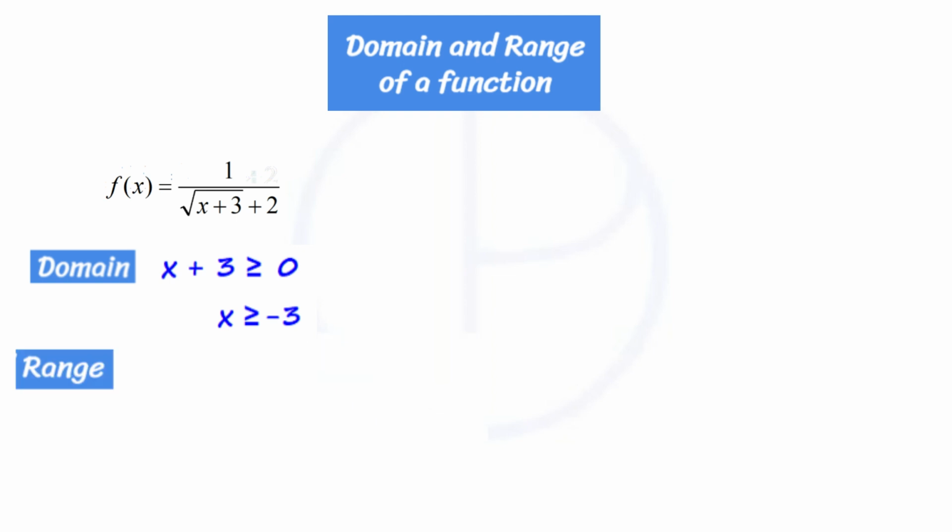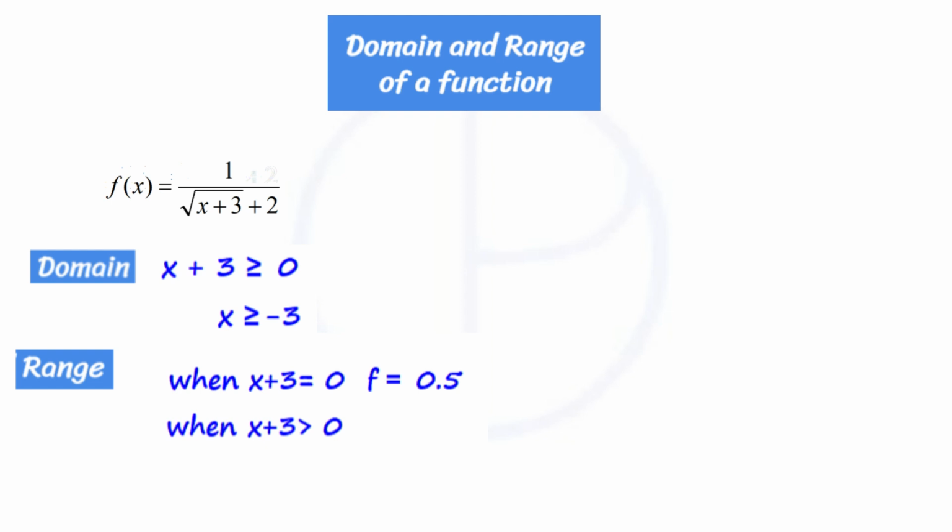Next, the range of this function. When square root of x plus 3 becomes 0 in the denominator, f of x equal to 1 over 2, which is 0.5. As the x value increases, square root of x plus 3 also increases.